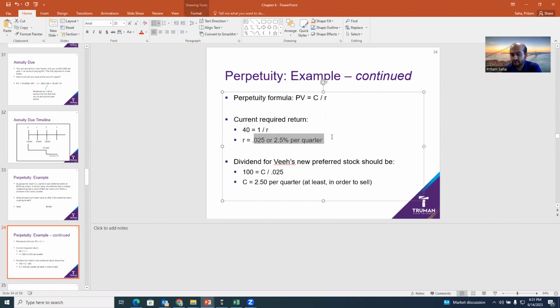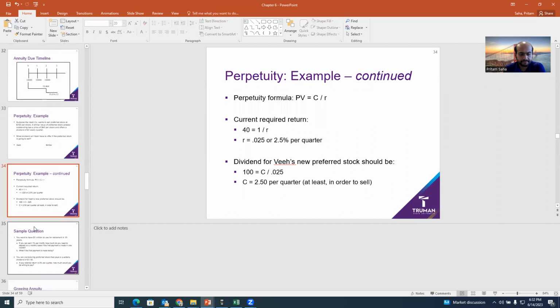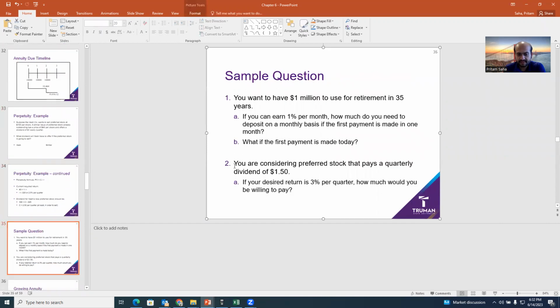Now, V is a similar preferred stock, so we should have this much required return. So if present value is 100, this is the required return. If you solve it, V needs to pay $2.50 per quarter as a dividend. That's it.